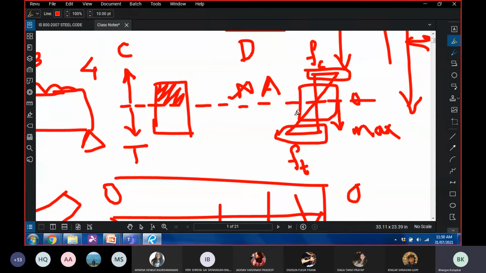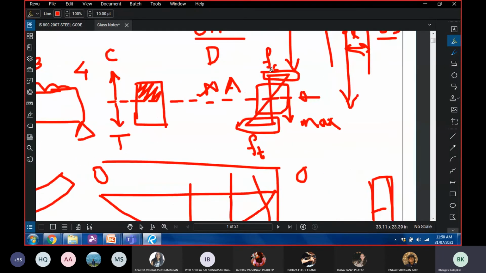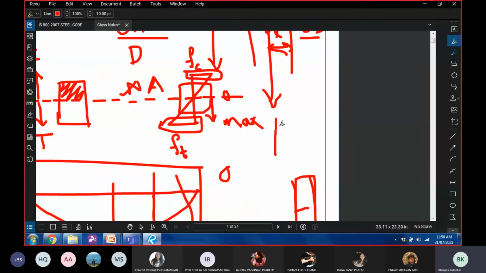Is it clear? Yeah. So now, what does this diagram say? This diagram says that if I use the rectangle section here, I might use this portion very efficiently. I might use this portion very efficiently, but this portion I might not. So what do we do? We use an I section.